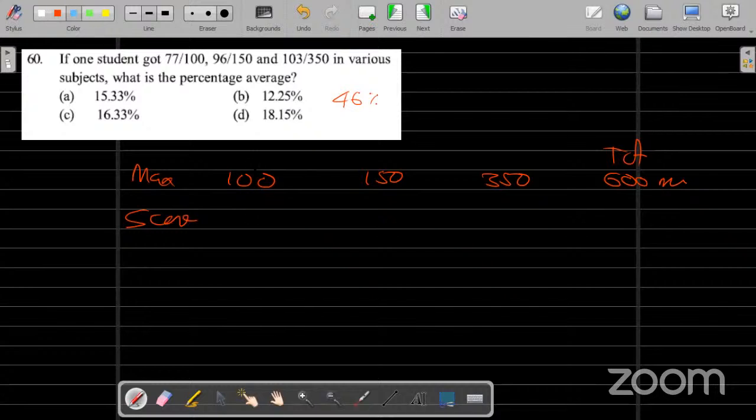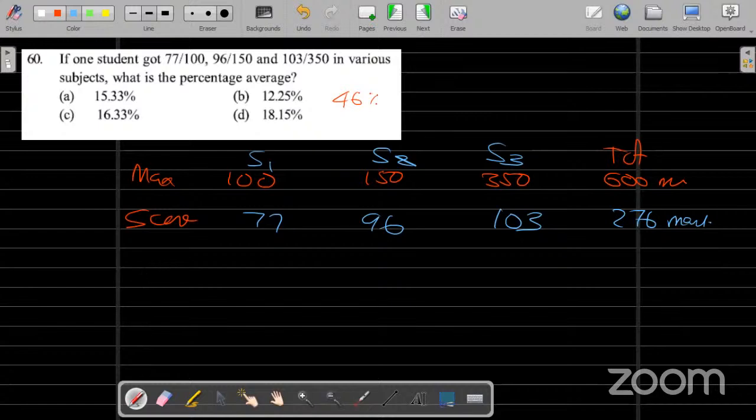His scores are 77, 96, and 103. 103 plus 77 is 180, plus 96, 276 marks is his total score.